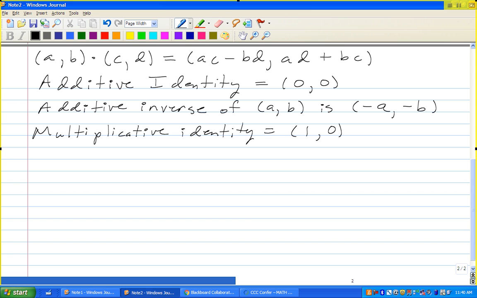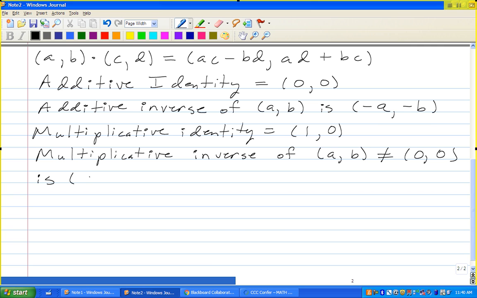The multiplicative inverse of some complex number (a, b), and I'll assume that (a, b) is non-zero, is, well, let me denote the multiplicative inverse with this superscript.